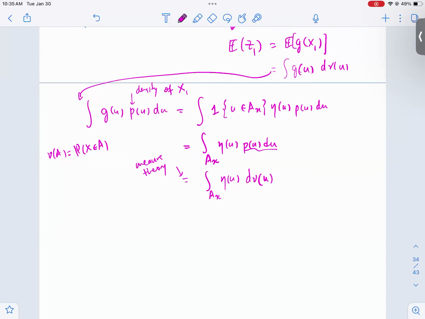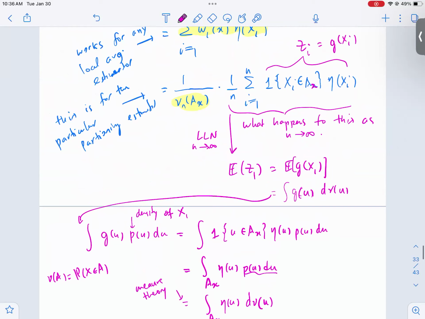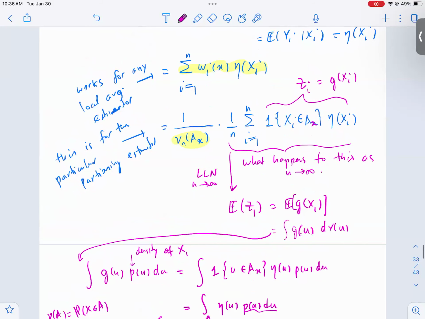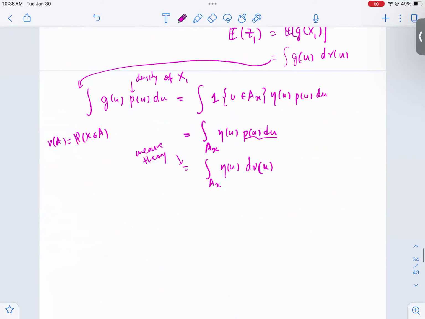So by the law of large numbers, this converges to that, and then I had a term here. This one by the law of large numbers converges to nu of A_x.